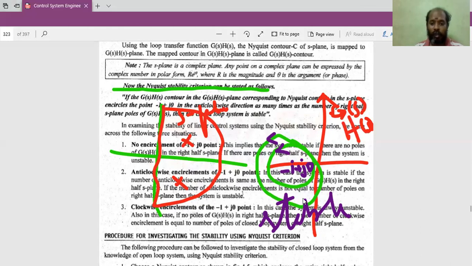Two poles, two encirclements around -1 + j0, in the anti-clockwise direction: the system is stable.